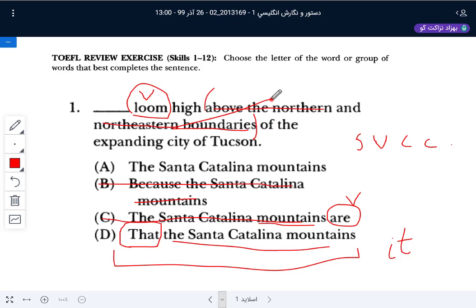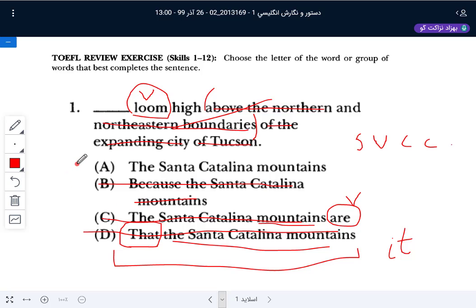So we have to do away with this. Of is a preposition, whatsoever comes after that. Of the expanding city, again a prepositional phrase. Of Tucson, again another prepositional phrase. So you don't see any verb to agree with this noun clause. So we say choice D is not a good choice.